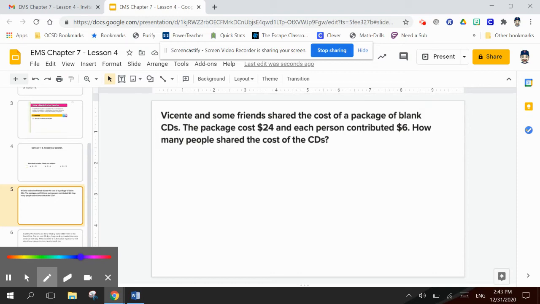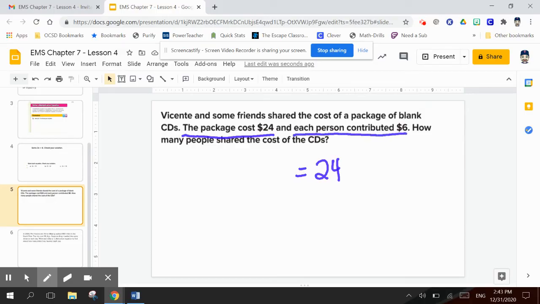So we know that the package cost $24. We know that each person gave $6. What we want to know is how many people shared the cost of the CDs. So that's our variable. How many people were there?